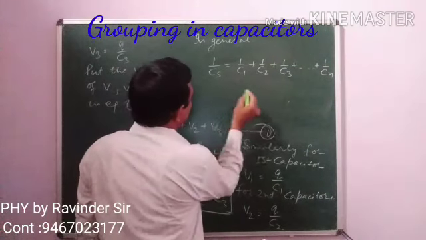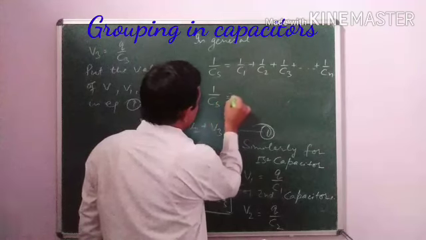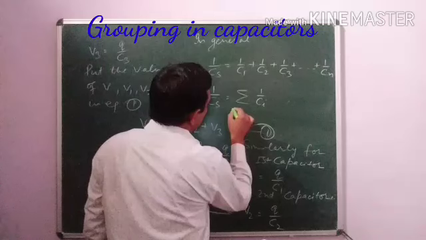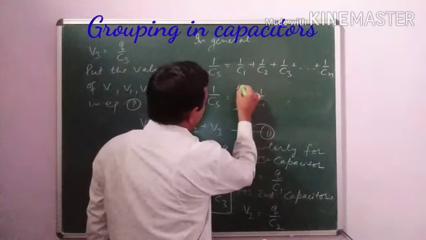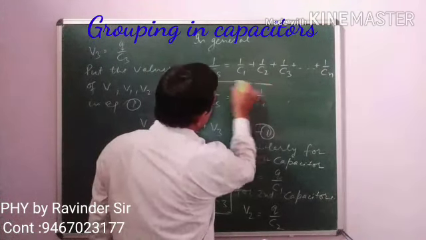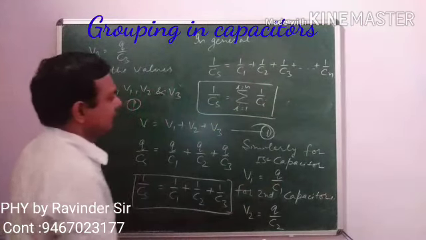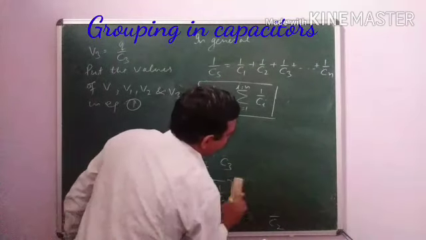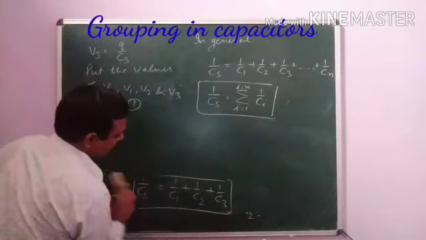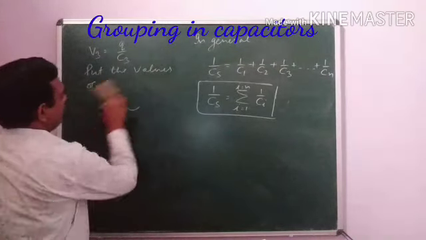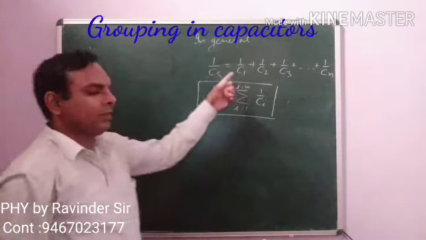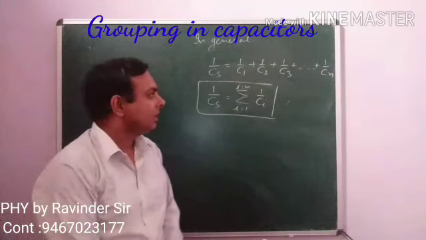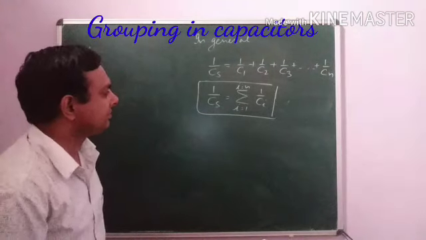This can be written just like this: summation of 1 upon Ci, i equal to 1 to i equal to n. In this case, we know that total capacitance decreases in series combination. यानी कैपेसिटेंस कम हुई है सीरीज में.